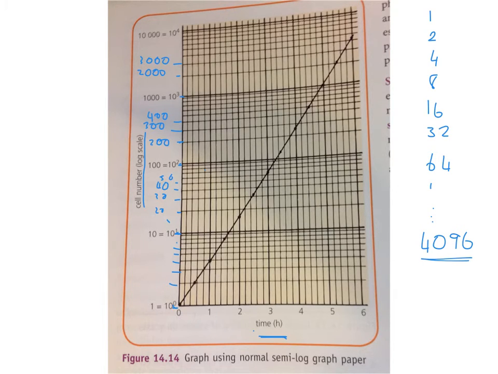What we'll be doing is we plot, first of all, our first plot at 0 hours, here is 1. Then half an hour later it's 2, half an hour later it's 4, half an hour later it's 8, and then at the 2 hour mark it's 16, so that is in here somewhere, just past the halfway mark. Then another half hour later, we're at 32.